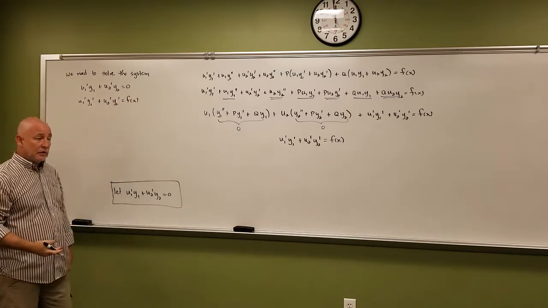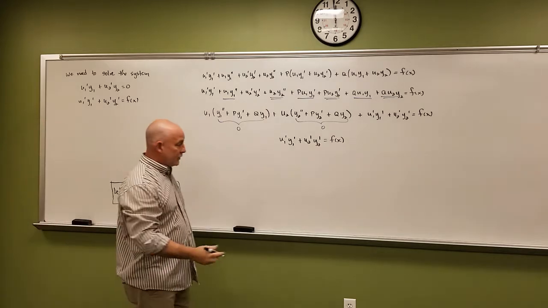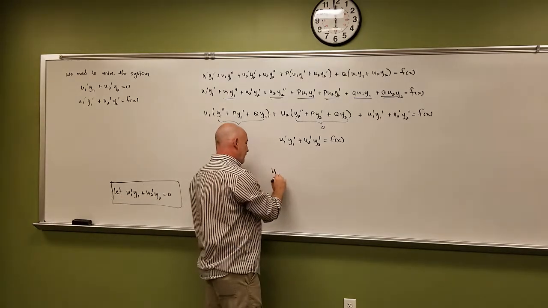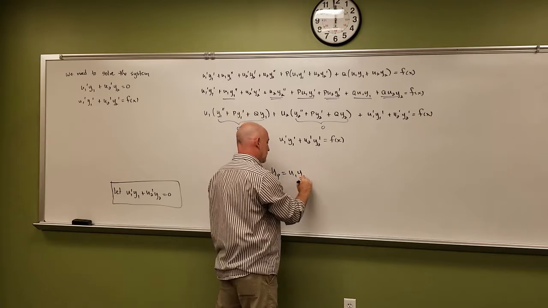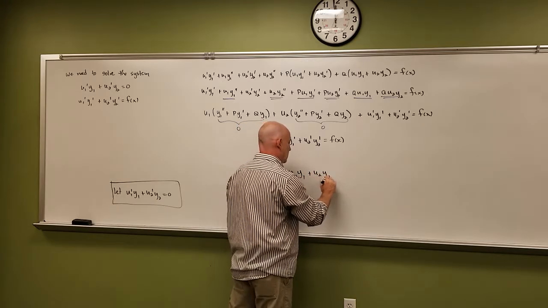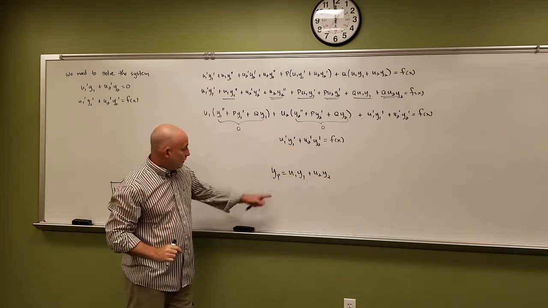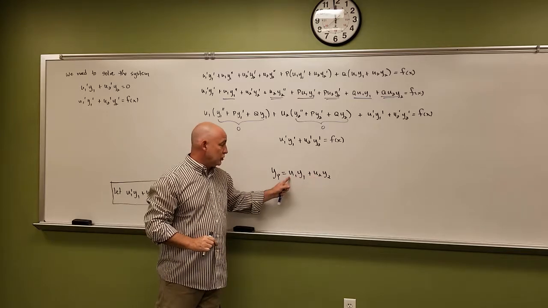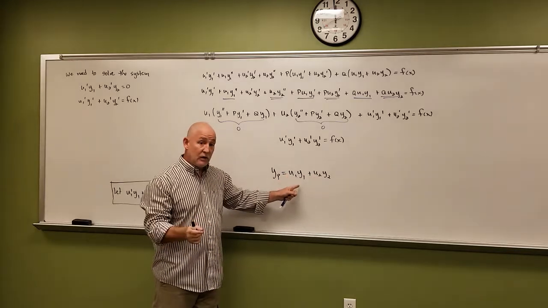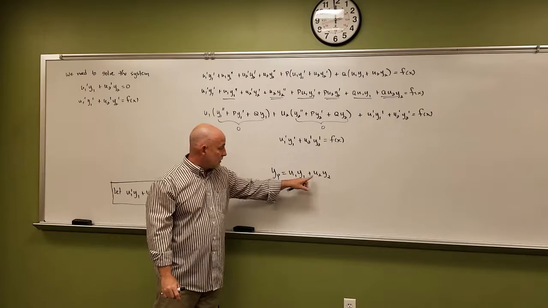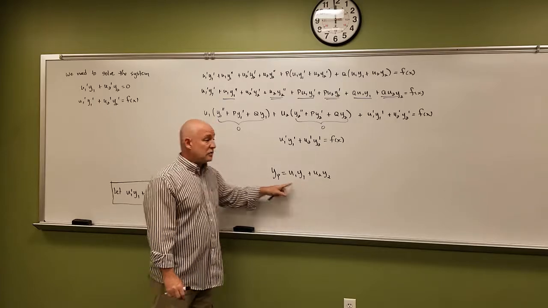That's the system that we need to solve. Now remember, we're trying to find our particular solution, which is this. So we're really looking for u1 and u2. And remember, we've already solved the homogeneous equation, so we know what these functions are.